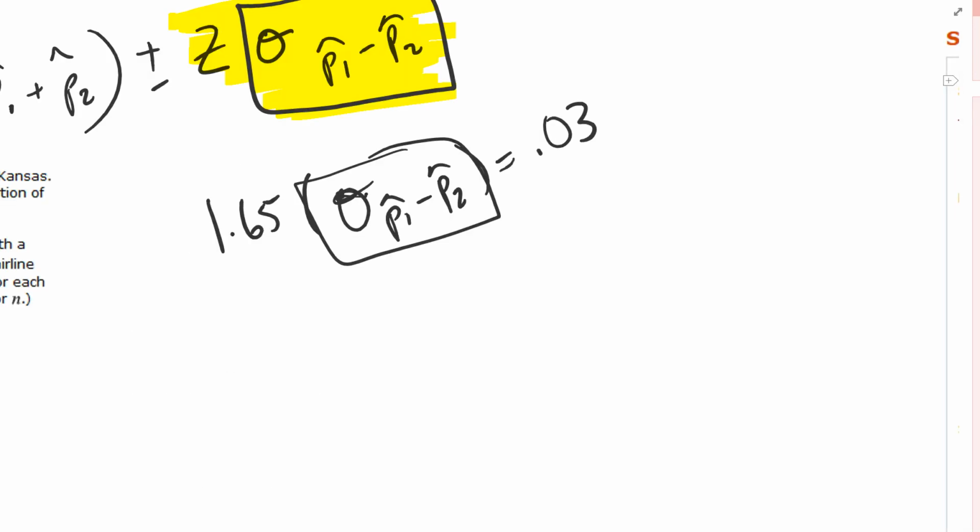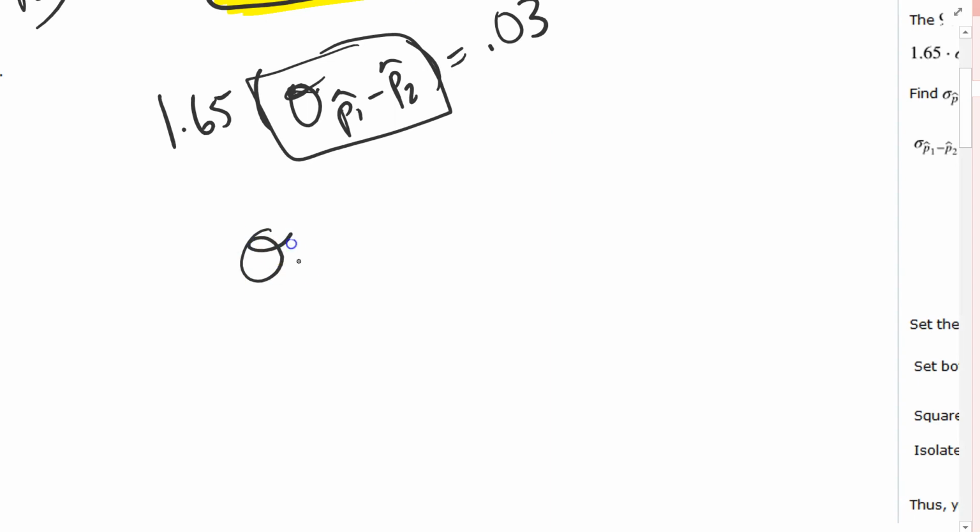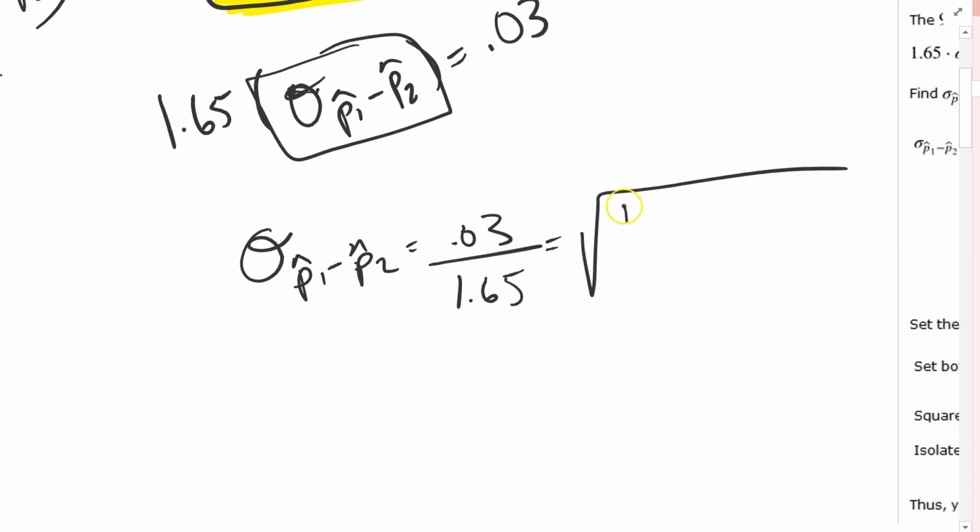So 0.03 divided by 1.65 is also the square root of P1 times Q1 over N1 plus P2 times Q2 over N2.